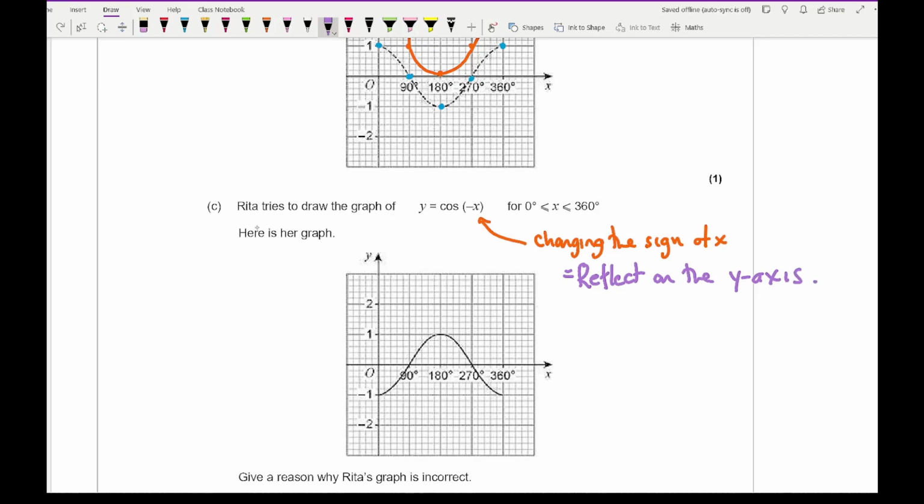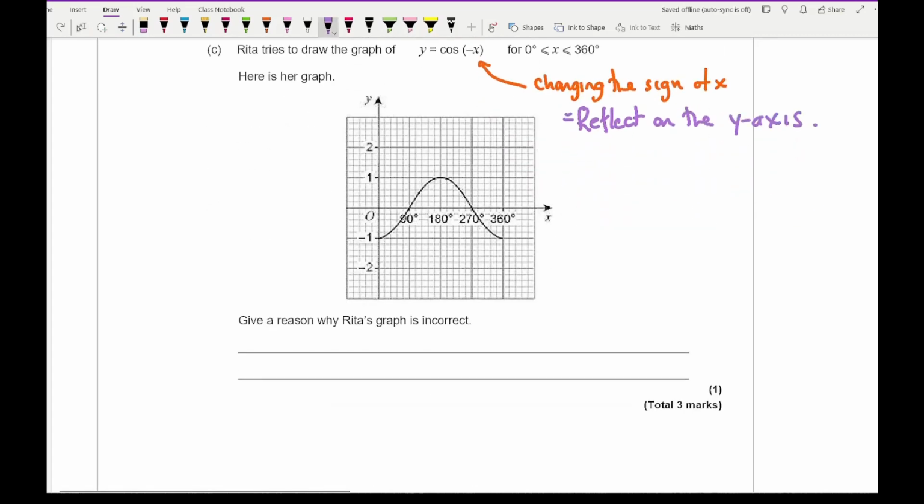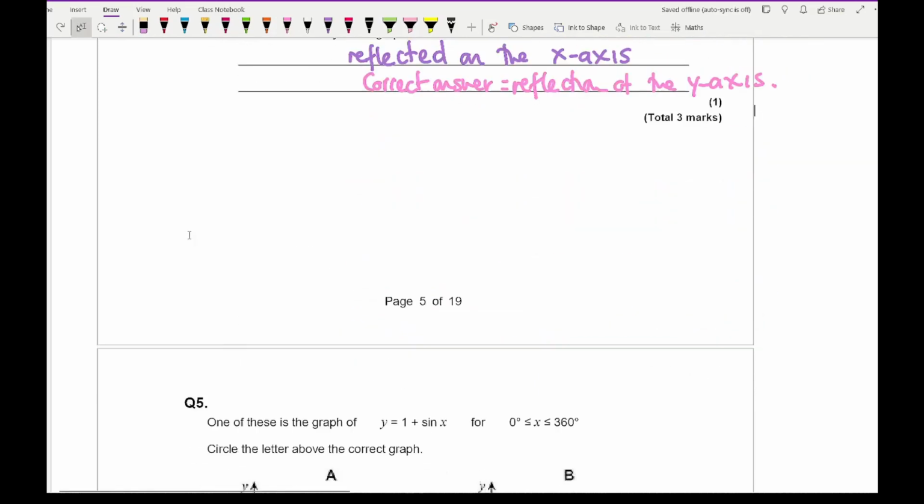Now what it looks like is that Rita has reflected it on the x-axis, so that's where she has made a mistake. So she has reflected on the x-axis, and the correct answer should have been a reflection on the y-axis. So something along those lines would have been good enough for that 1 mark.